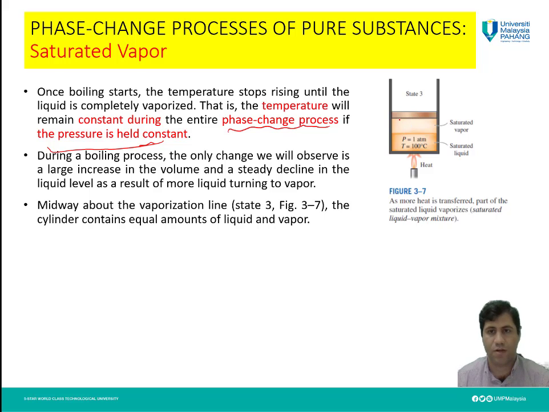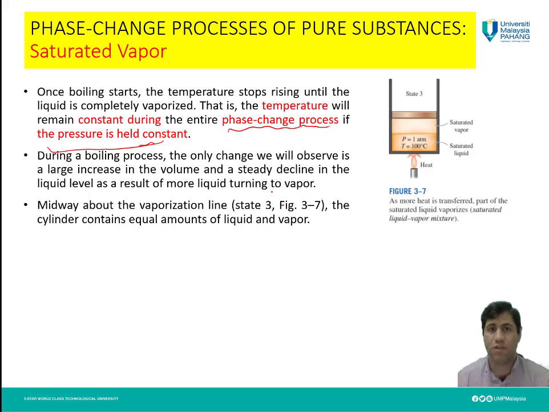Here we have constant pressure because this weight is free to the atmosphere and it can freely move, so the pressure on this substance will be constant during the process. During a boiling process, the only change we will observe is a large increase in the volume and a steady decline in the liquid level as a result of more liquid turning to vapor.